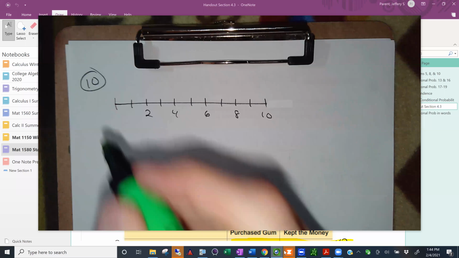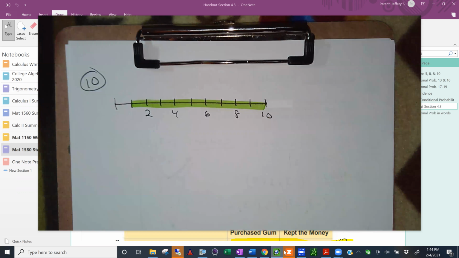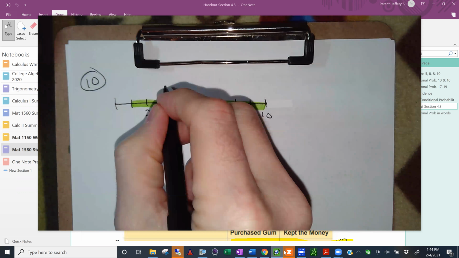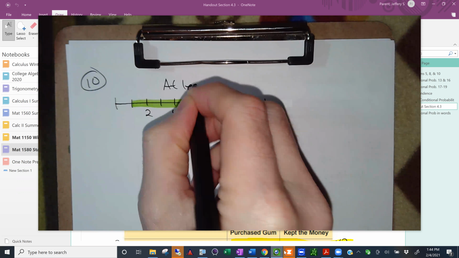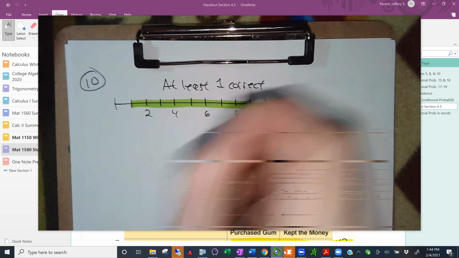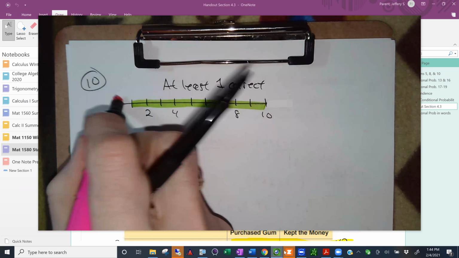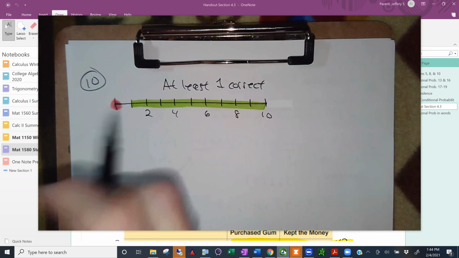So that'd be all these here. That's the event of at least one correct. And then there's one other possibility. That's this one. Probability that you don't get any correct.